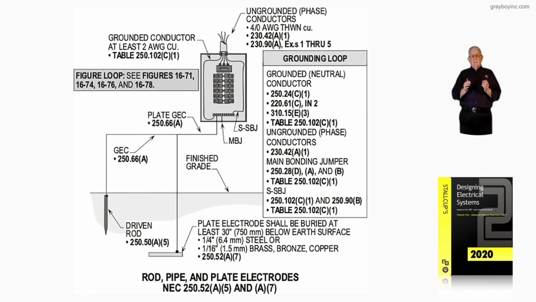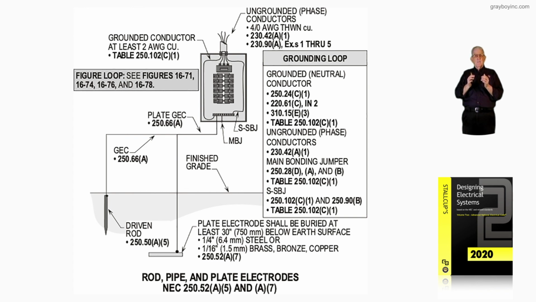Now, this grounding loop is very good because you cover everything that you need to know about that grounded conductor coming into the panel board that you see. The system bonding jumper, the main bonding jumper is all covered right there. The grounding electrode conductor in this case is covered by 250.66(A) because it's not connecting to structural steel or a metal water pipe in accordance with Table 250.66.